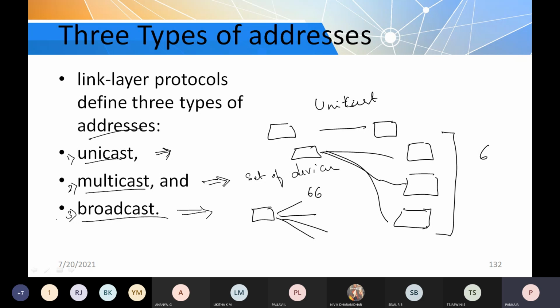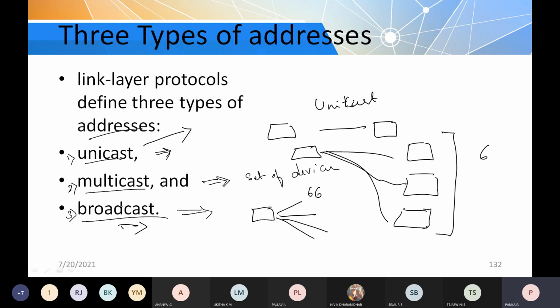Just know these terms. We'll be using these different types of addressing mechanisms in different protocols. In the next topic itself we are going to use the meaning of broadcast and unicast, and we'll check when exactly we use them.